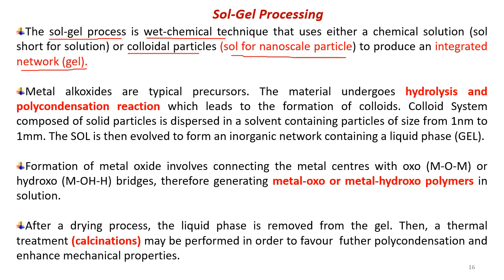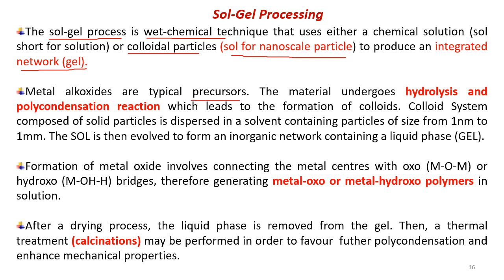For preparation, the main important material we require is called a precursor. Precursors are used in making these nano-sized materials, typically metal alkoxides. So metal alkoxides are the typical precursors which are used.